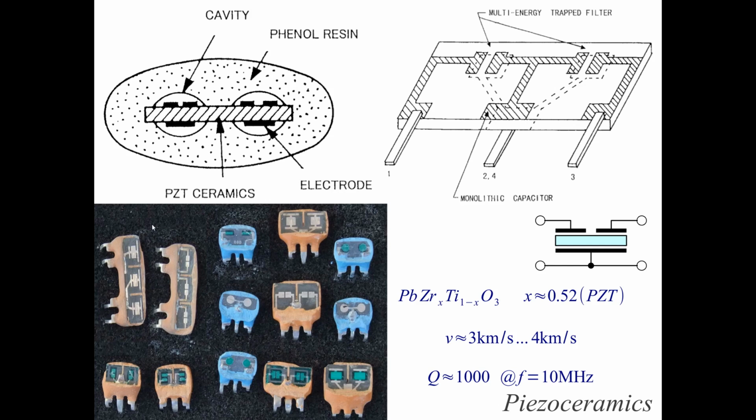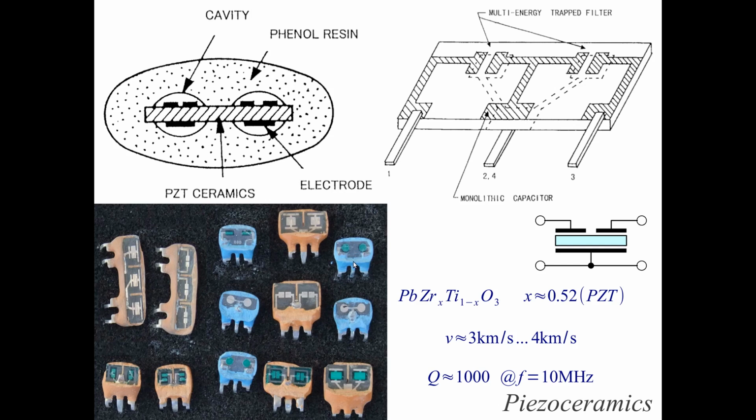These filters were very useful in the times of analog communications. The brown ones were mainly used as bandpass filters for analog voice radio, while the blue ones were actually 2 independent resonators, not coupled because there was resin in between, to be used as bandstop filters in certain television receivers.